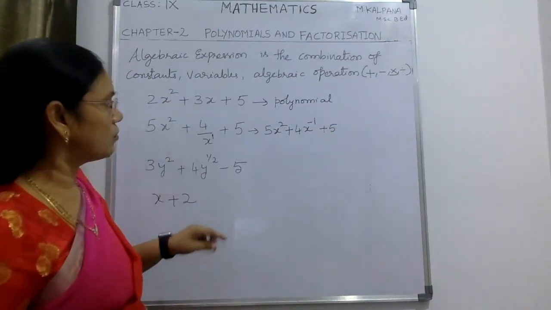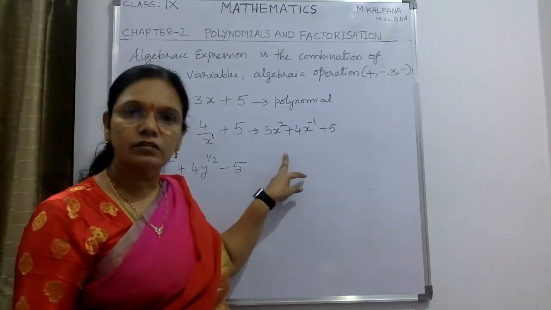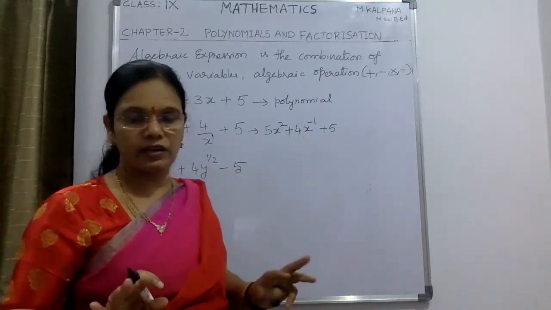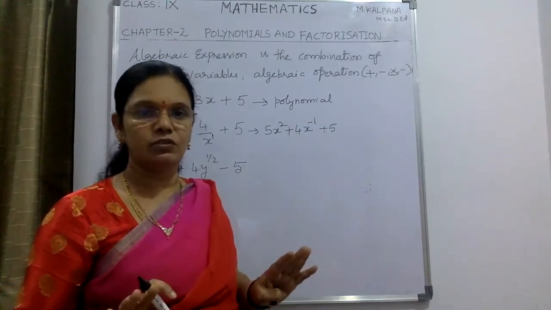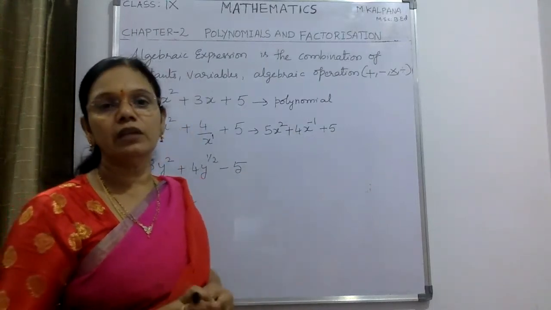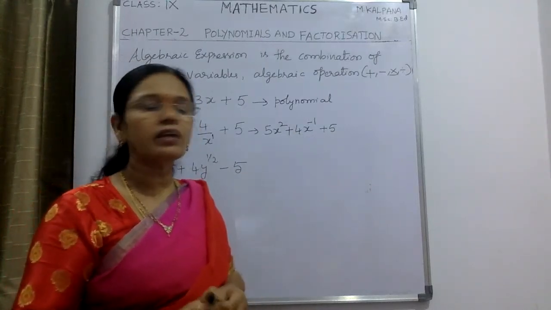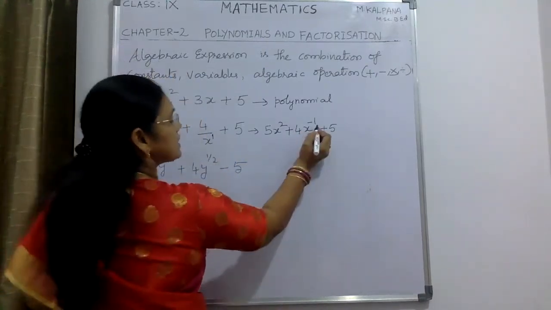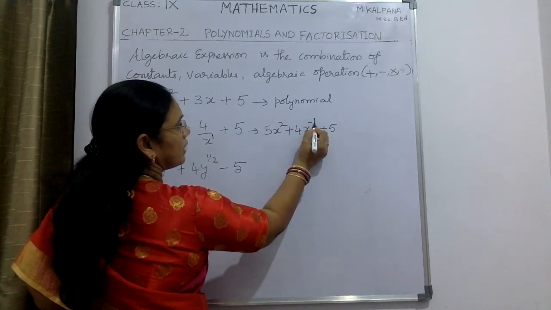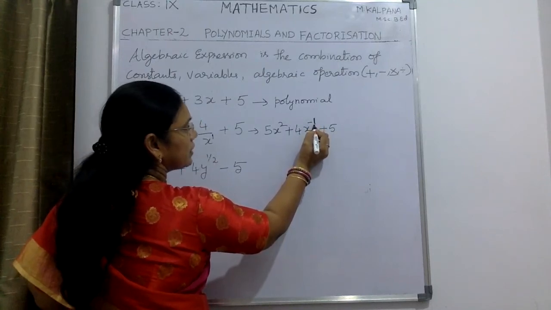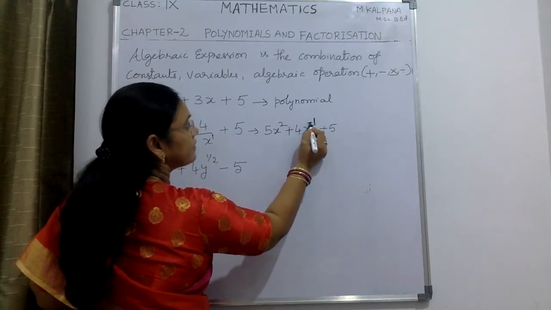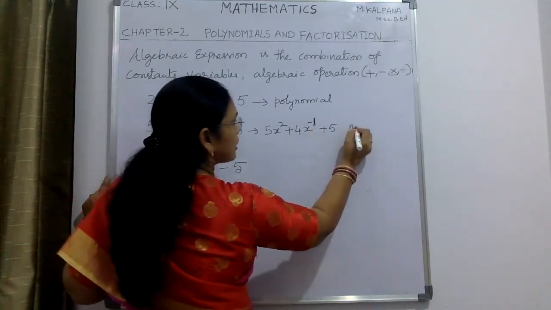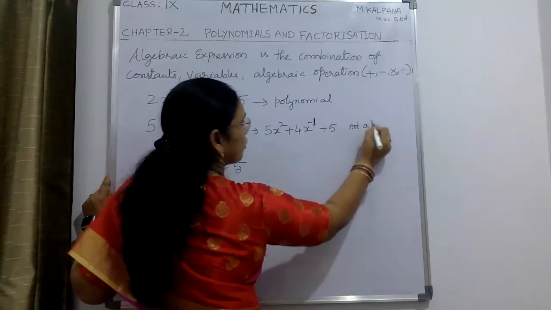See here, children, what is our condition? The condition is that the variable should contain non-negative integer powers, that should be positive, and also it should be an integer. Here minus 1 is an integer, but it is a negative integer. So this is not a polynomial.